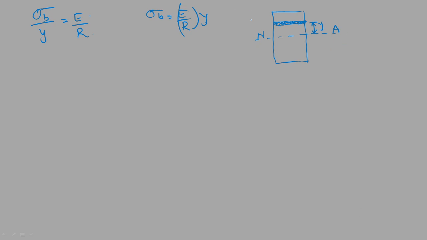Now you can just observe here: as y increases, the value of sigma b increases. Suppose you substitute y equal to 0, what is the bending stress at the neutral axis? It is 0, right?